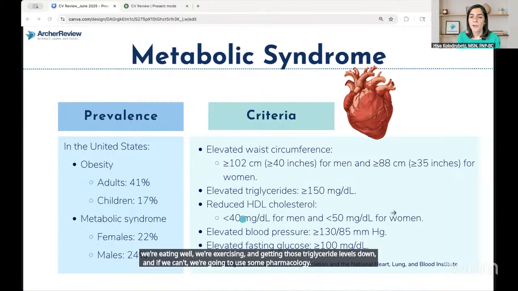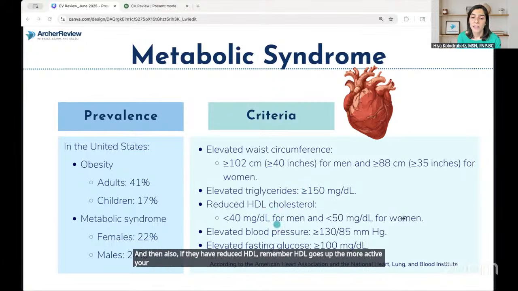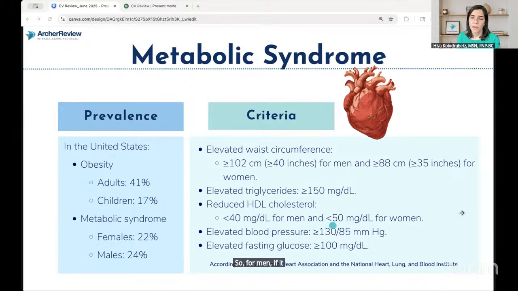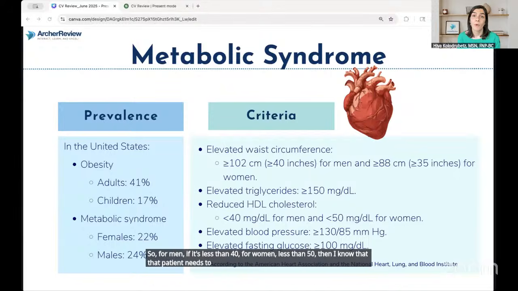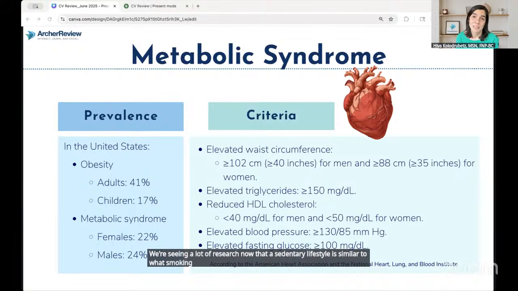And then also, if they have reduced HDL, remember HDL goes up the more active your patient is. So for men, if it's less than 40, for women less than 50, then I know that that patient needs to be doing more exercise. We're seeing a lot of research now that a sedentary lifestyle is similar to what smoking was like 50 years ago.